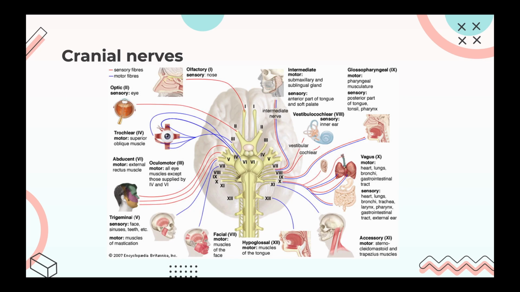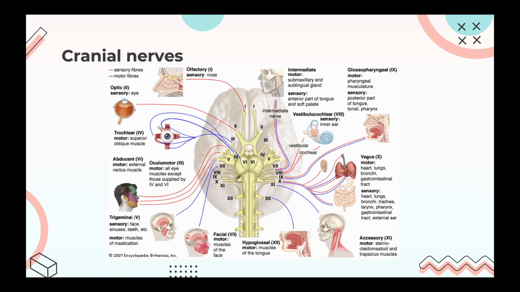Then we come to cranial nerve 7, which is the facial nerve. And the facial nerve has a couple of functions too, but it's primarily just muscle control of the face. The facial nerve does not have any sensory outputs. Then we have cranial nerve 8, which is called the, where do we have it?